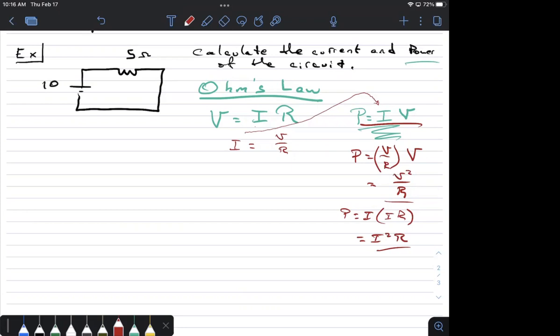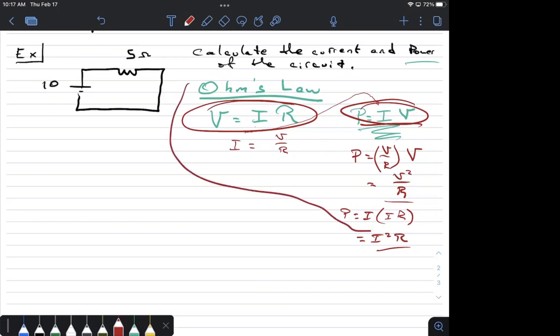This is how they got the other equation. They start with I times V, and they use Ohm's law to replace one of the variables that they don't know. But all I ever do, I just remember Ohm's law, and I remember the power law, and that's it. Everything else I could do mathematically. I manipulate things algebraically, and I get some new equation. So I never have to remember any of that stuff. All I remember is these two.